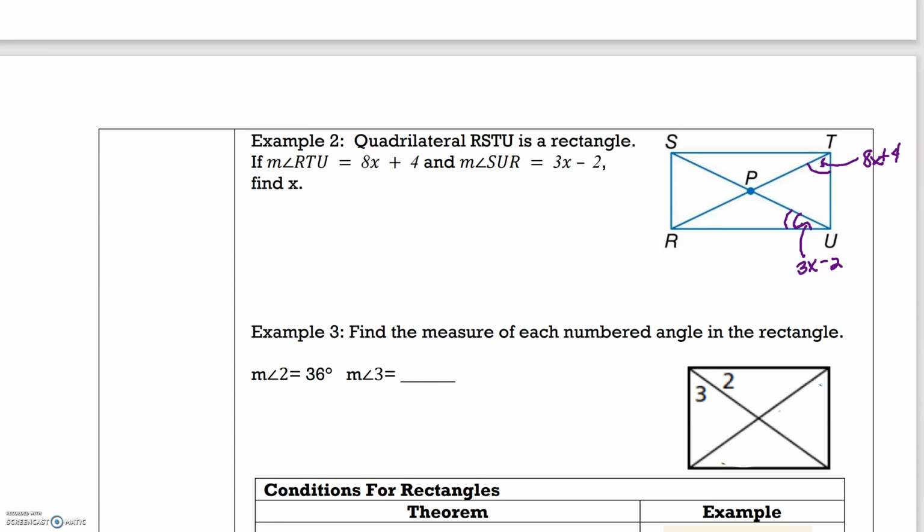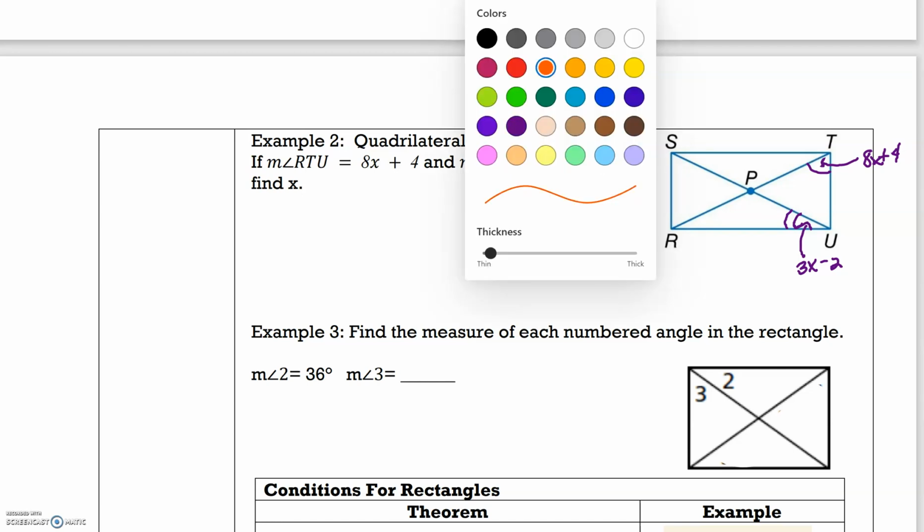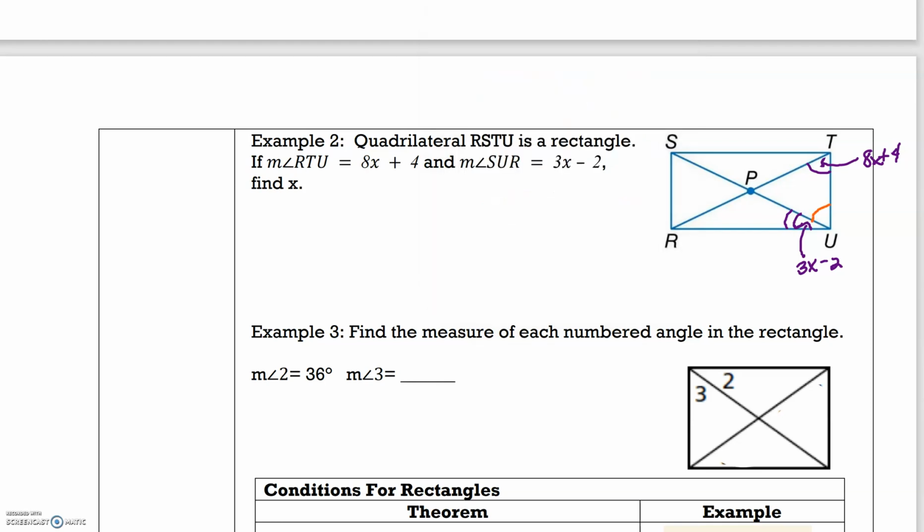Well, these angles are going to be the same here, and these angles are going to be the same here. And together, this angle and this angle form a corner. And we know a corner on a rectangle is a right angle. So together, this one, 8x plus 4 right here, and the 3x minus 2, this little one, are going to add up to 90.